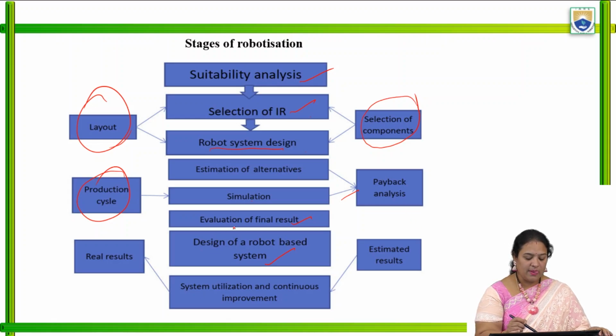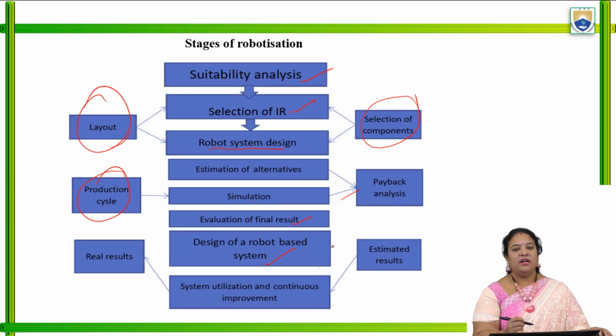Now we come to system utilization and continuous improvement. After the robot is designed, we start using that robot in a continuous process, and if there are any improvements to be made, that will be a continuous implementation process, with the estimated result and the real result accumulated.